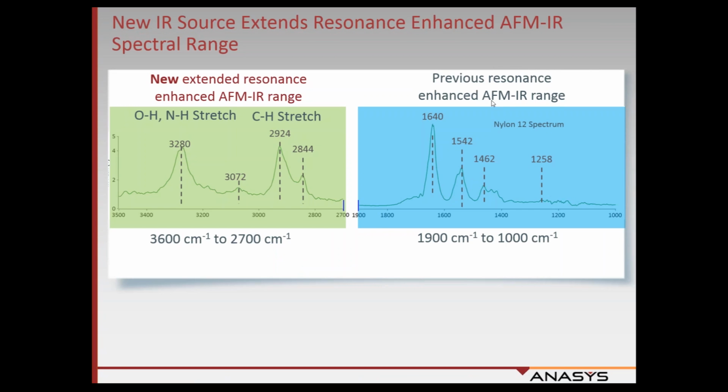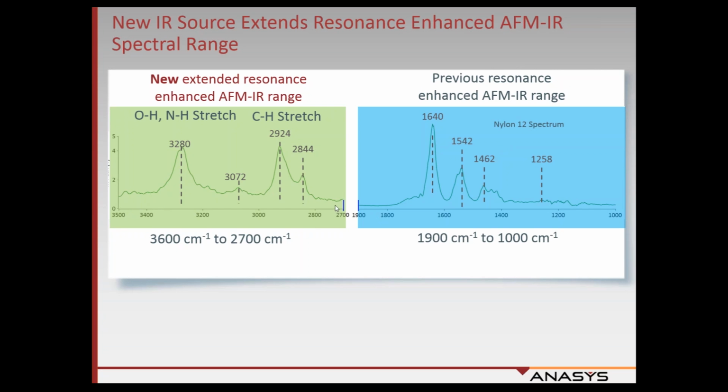I mentioned that the new nano-IR2-FS adds the capability of having an extended range for the resonance-enhanced AFM-IR. The previous resonance-enhanced technique made use of quantum cascade lasers, which cover a broad range of the mid-IR but do not typically extend up to the 2700 to 3600 range.